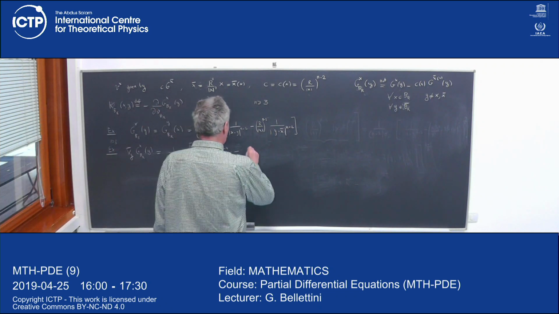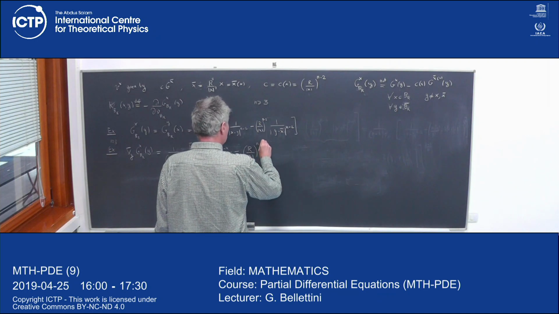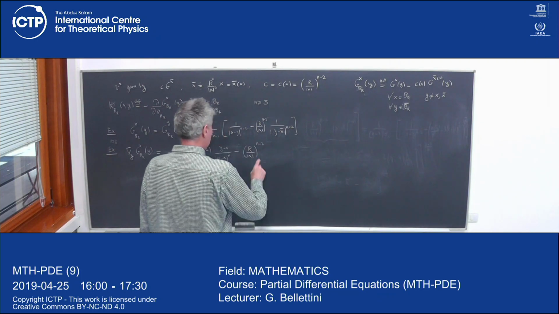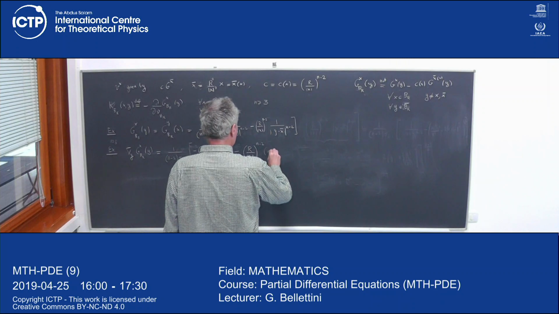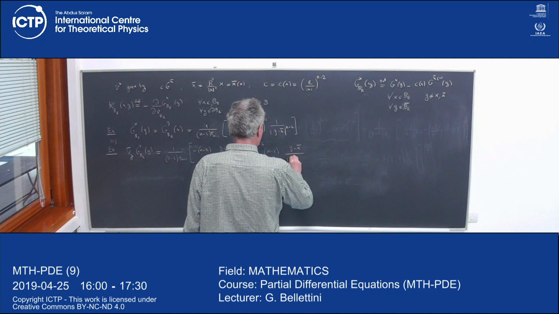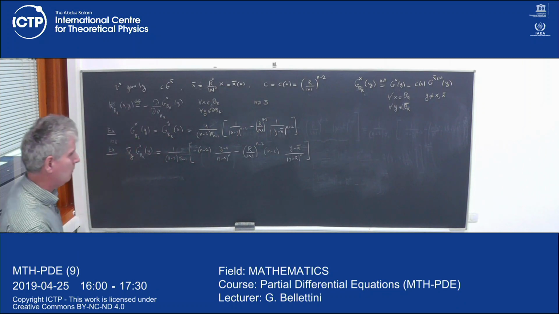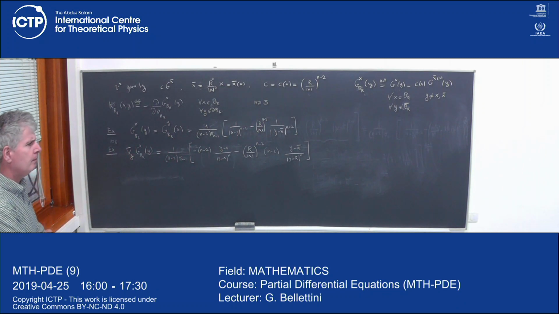And then we have r over x to the n minus 2, again minus n minus 2, y minus x bar divided by y minus x bar. Correct?